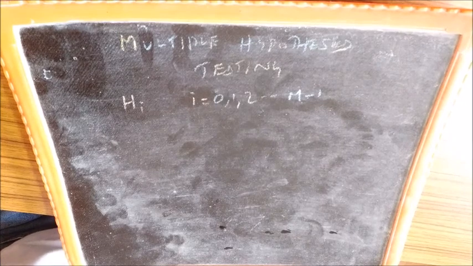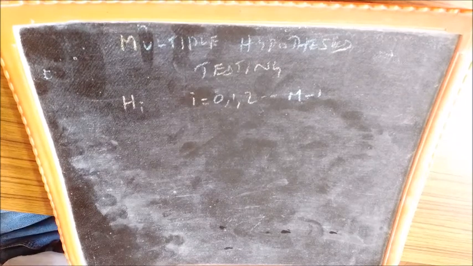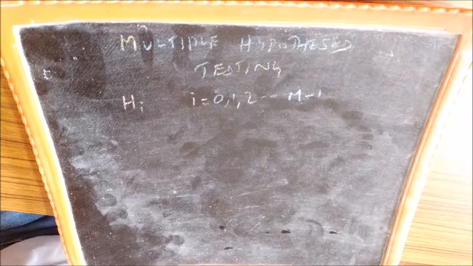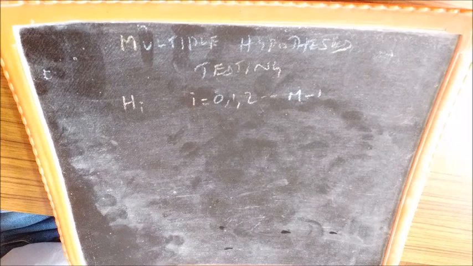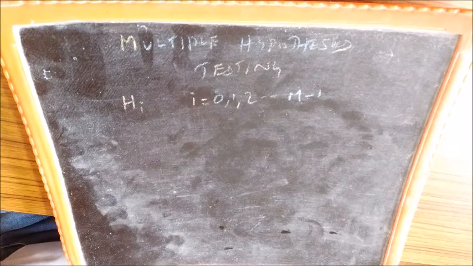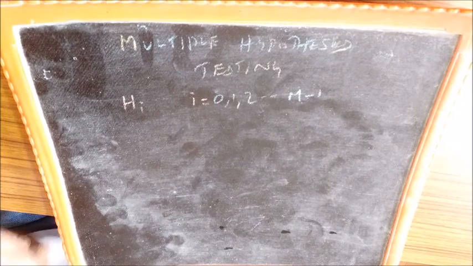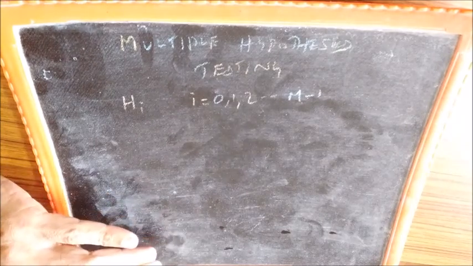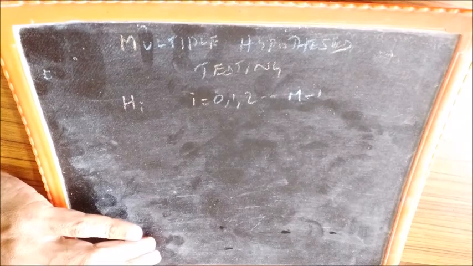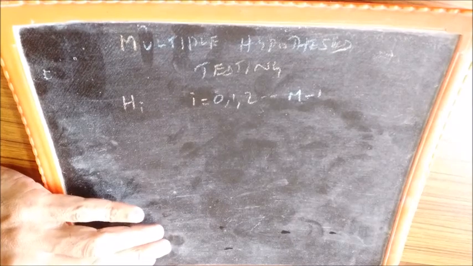So one can declare H0 is the hypothesis when Hi was the true hypothesis, one can declare H1 is the true hypothesis when Hi was the true hypothesis, and so on and so forth, up to one can declare Hm minus 1 is the hypothesis when Hi is the true hypothesis. So for each possible true hypothesis, there are M possible decisions which one can take, which means that for each true hypothesis, there are M costs that one can incur.